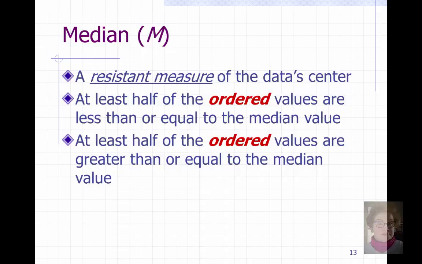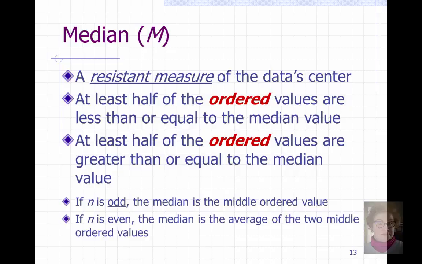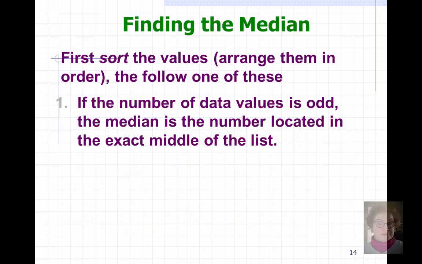So again, the big difference about the median is you must put your data values in order. If the number of data values is odd, your median will be a member of your data set. If your number of values is even, the median will be the average of the two middle ordered values, which may or may not be a member of the data set.